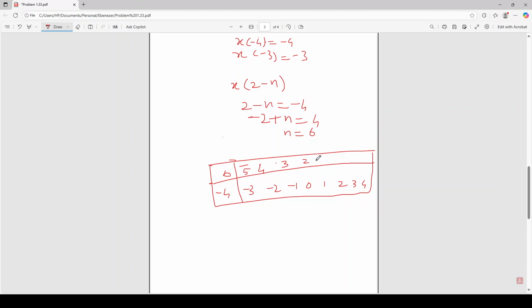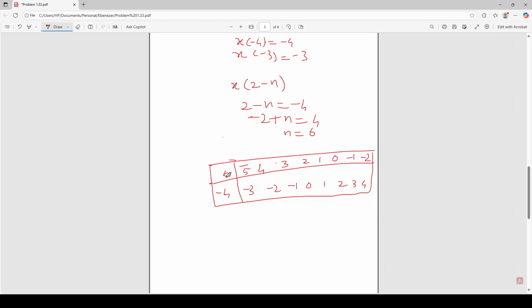Then for 1, it becomes -1 plus 2 is 1. For 2, then -2 plus 2 is 0. For 3, -3 plus 2 is -1, then -2.